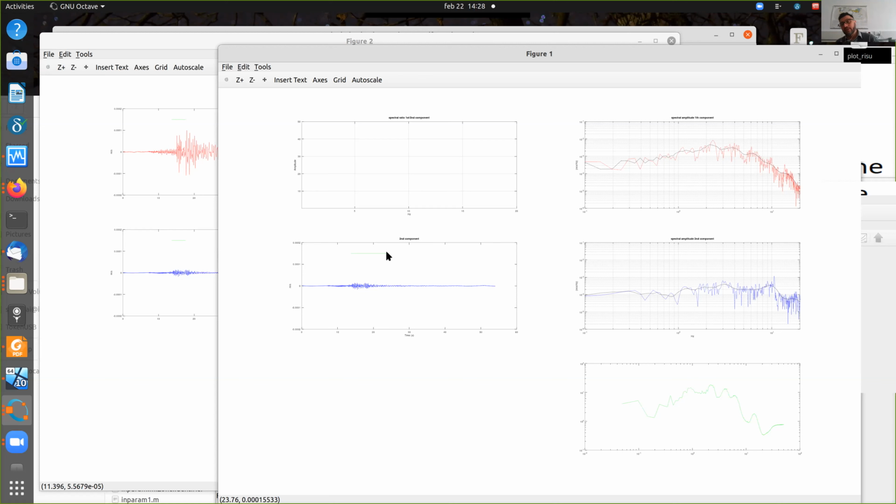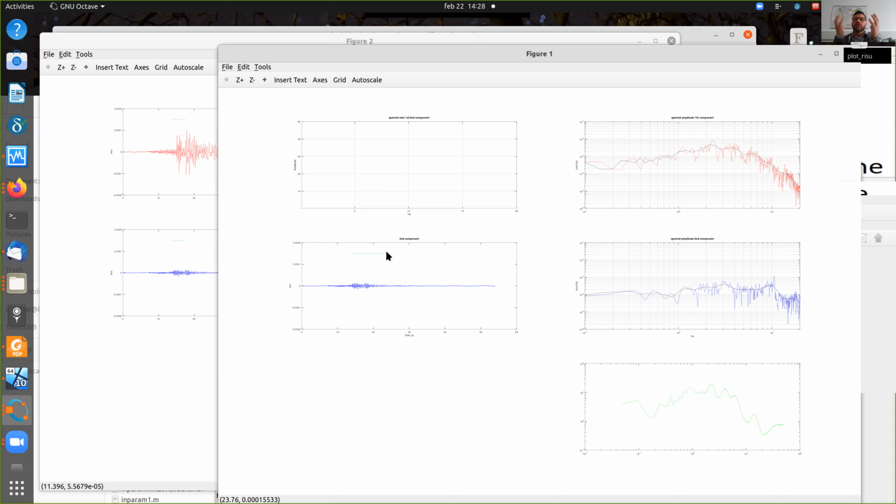What is the drawback that we have to pay? That the amplification that we will estimate will not be anymore only the amplification due to the effect of the sediments on the shear waves, but it's also due to the effect related to secondary phases coming later, like surface waves. Okay?